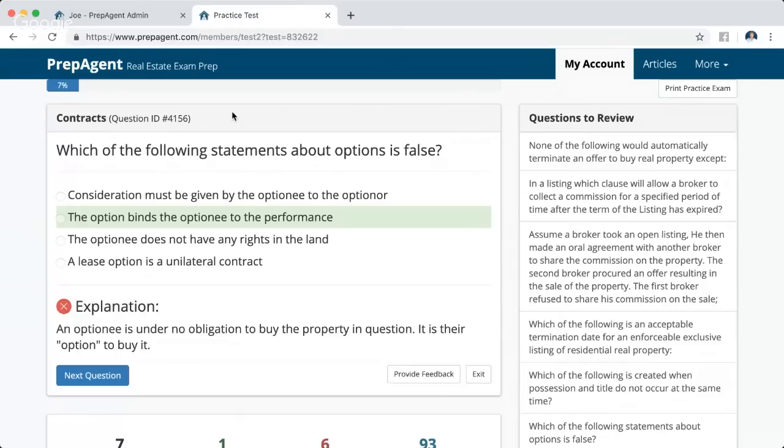So, an exclusive right to sell listing. Great job, Andrea. An exclusive right to sell listing is a bilateral contract. Most listing contracts are bilateral. Okay, most of them, not all. A lease is bilateral too. Good. Can you guys give me an example of a unilateral contract?